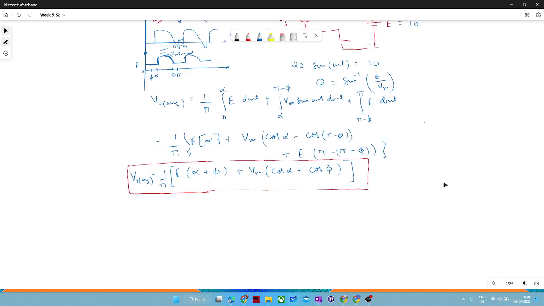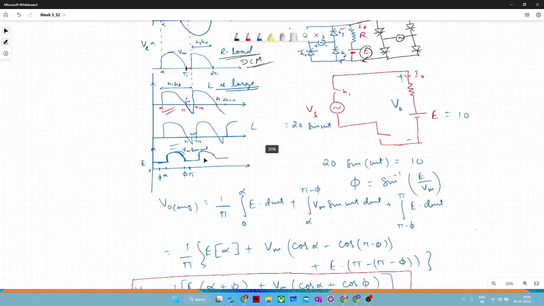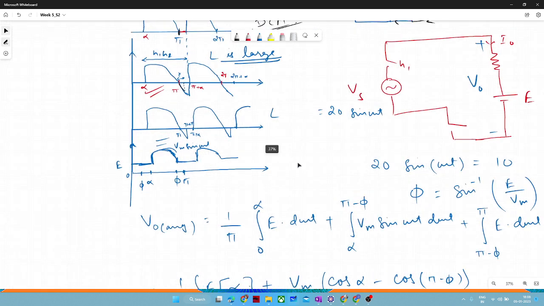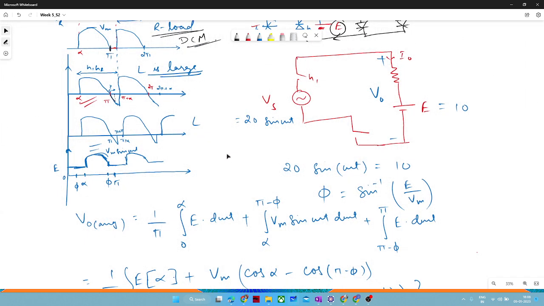So in the last session we were still on RE load, meaning battery charging. The conduction of battery charging was a bit tedious, or I would say a bit complex. How so? See, at alpha, these both switches would be in forward conducting mode, right?